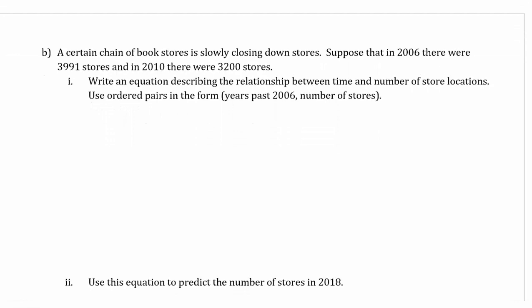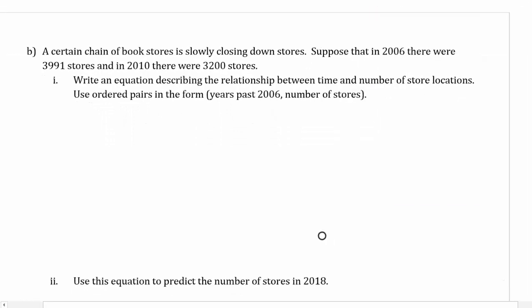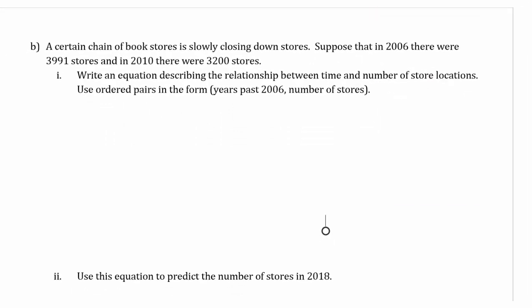Okay, and our next word problem. A certain chain of bookstores is slowly closing down stores. Suppose that in 2006 there were 3,991 stores, and in 2010 there were 3,200 stores. Write an equation describing the relationship between time and the number of store locations. Use the ordered pairs in the form years past 2006 and the number of stores.